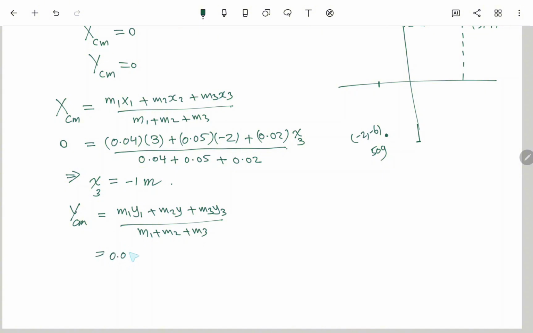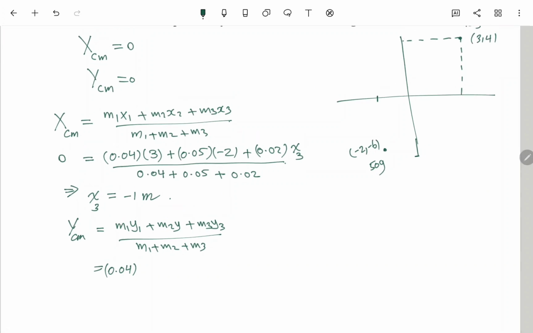So 0.04, and the y position for the first object, it's 4, plus 0.05, the y position, it's -6, plus m3, it's 0.02, and again we don't know the y3 position, divided by the total mass 0.04 plus 0.05 plus 0.02.